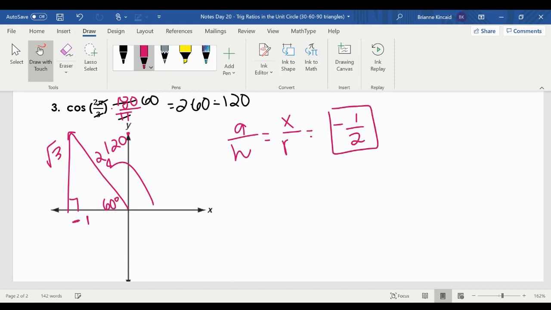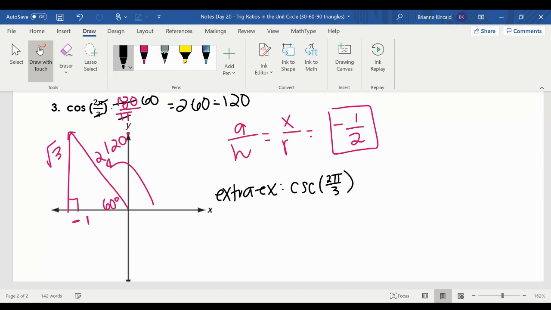One thing we want to be careful of here is you may sometimes have to rationalize. So if I had taken this same example, but then I wanted to find the reciprocal. Let's say we want the cosecant of 120 degrees, or of 2 pi over 3. Cosecant is the reciprocal of sine.